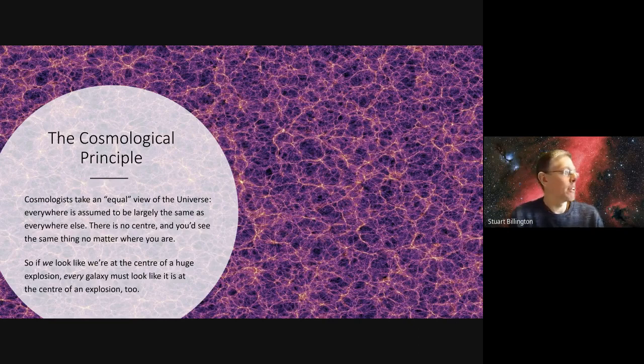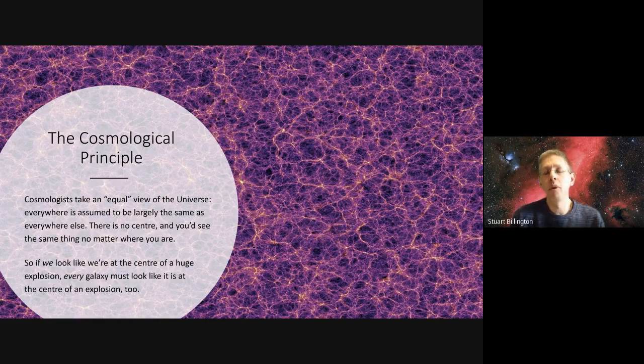And if I could invent some kind of transporting system where I just click my fingers and ping to random parts of the universe with my telescope, when I look up and point it at the sky, pretty much I'm going to see the same picture. A few stars, a few galaxies, blackness in between. Everything's going to look pretty much the same. It's called the Cosmological Principle. It's a good principle.